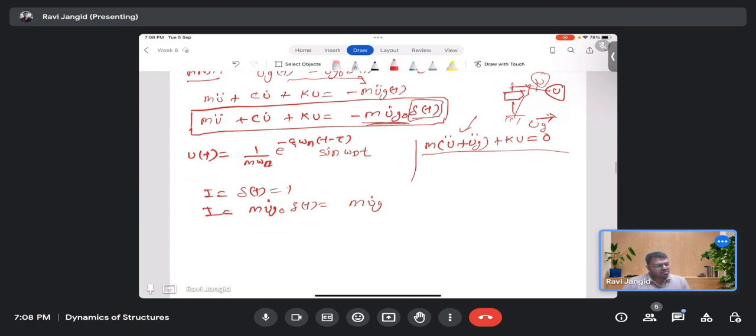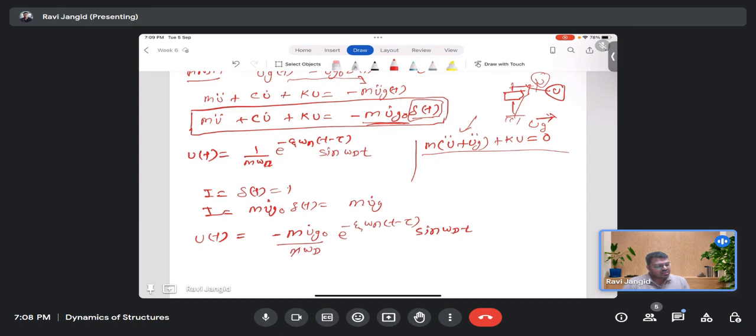So I can write u(t) is equal to minus m ug naught dot over m omega d, into e raised to power minus xi omega n (t minus tau), into sine omega d t.